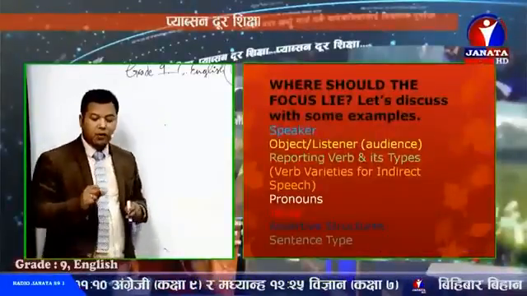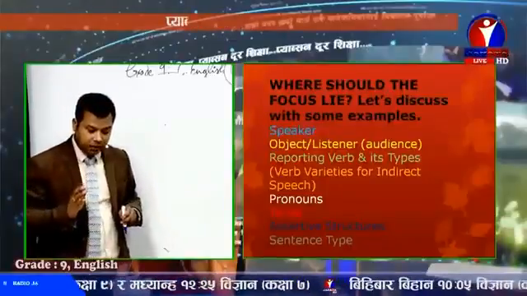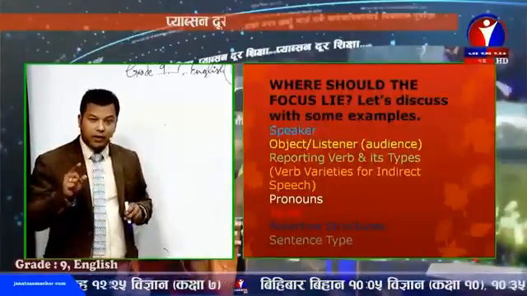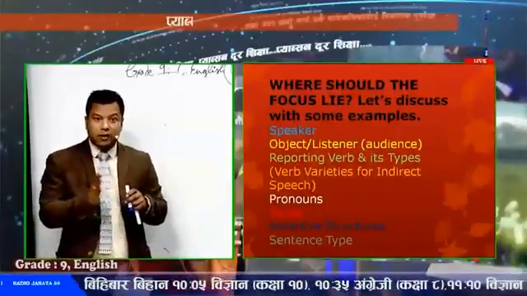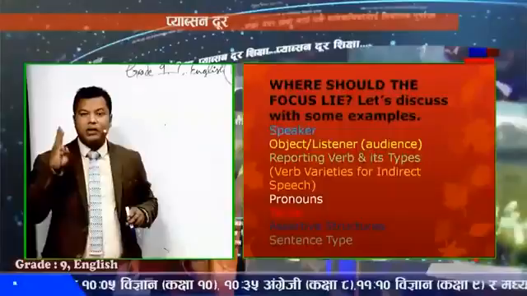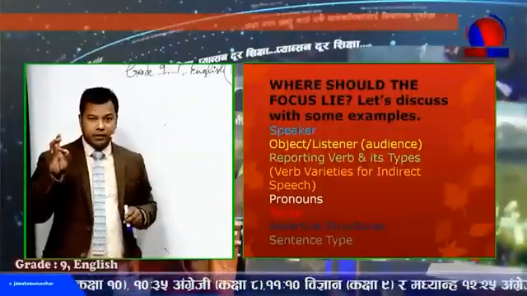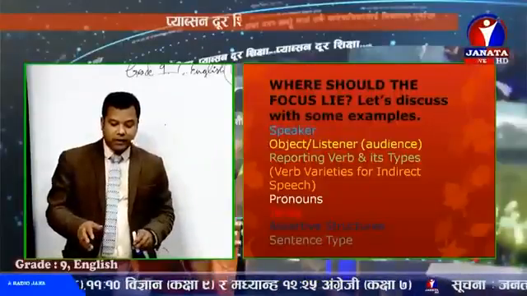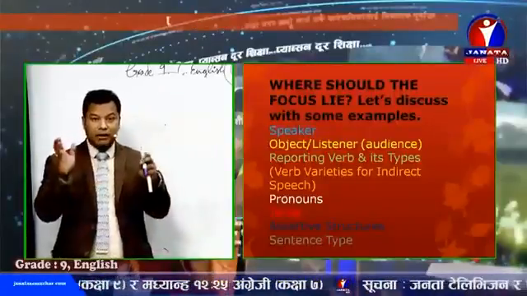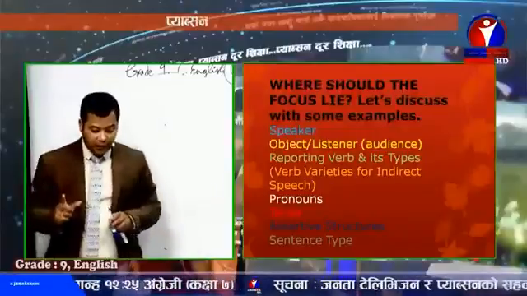Now, where should the focus lie? Once again, remember, you need to know who the speaker is. You need to know who the object is. You need to know the reporting verb and its type. It can appear in three different tenses: present, past, and future. And you have to know the verb varieties for indirect speech, pronouns, and the rules that I've explained.